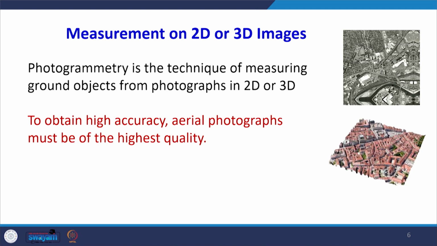Now we carry out measurement in the 2D environment from individual photographs, but when we have stereo models, stereo photographs, we can carry out the measurements in the 3D environment. So our aim is that we get correct, very accurate measurements and the latest data from these photographs.